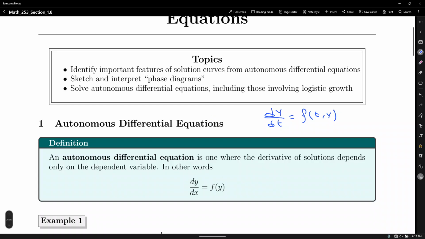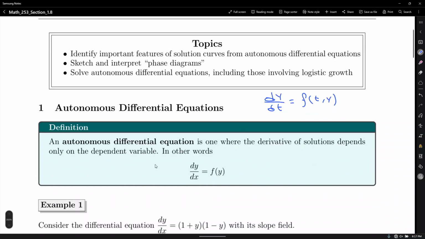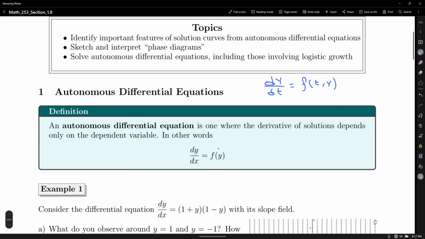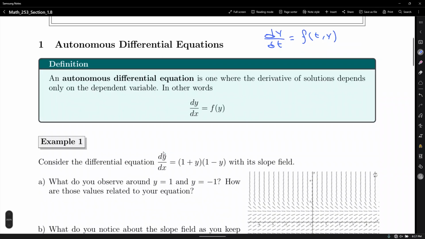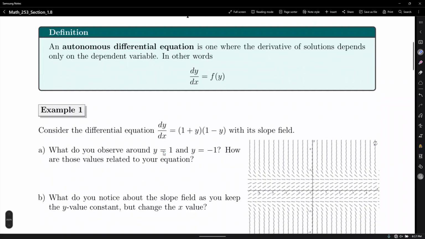Now, in autonomous differential equations, we do not have the independent variable in the derivatives of the solutions.